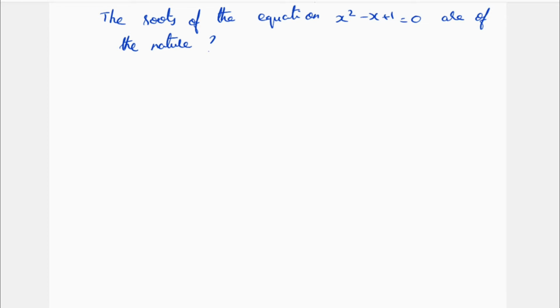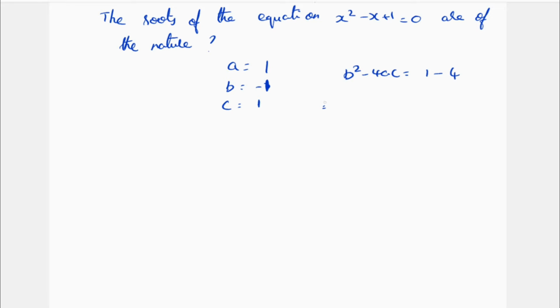Okay, now again we have to find out b square minus 4ac. Here in this equation, a is the coefficient of x square, which is 1, b is the coefficient of x, which is minus 1, and c is the constant, which is 1 again. So b square minus 4ac is equal to minus 1 the whole square, which is 1, minus 4 into 1, which is 4.